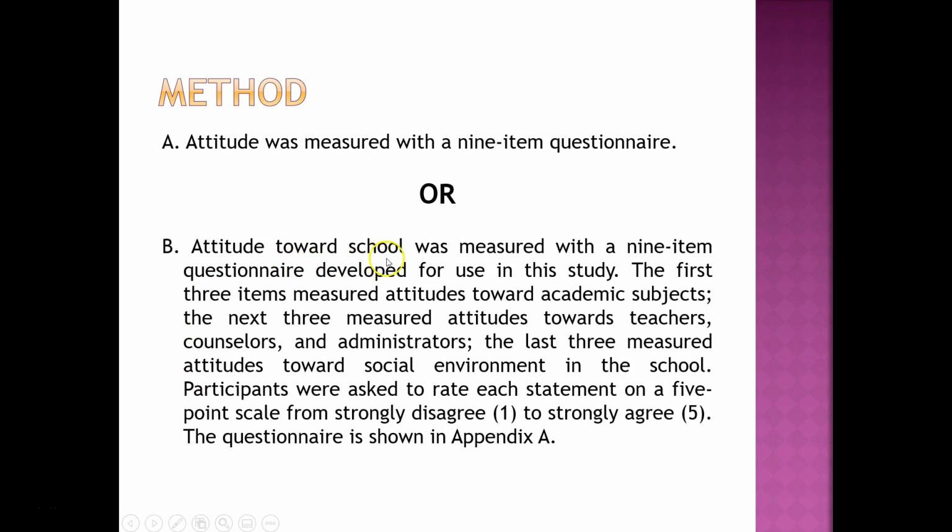Attitude towards school was measured with a 9-item questionnaire developed for use in this study. The first 3 items measured attitudes toward academic subjects. The next 3 measured attitudes towards teachers, counselors, and administrators. And the last 3 measured attitudes towards the social environment in the school. Participants were asked to rate each statement on a 5-point scale from strongly disagree, which was a 1, to strongly agree, which is a 5. The questionnaire is shown in Appendix A.